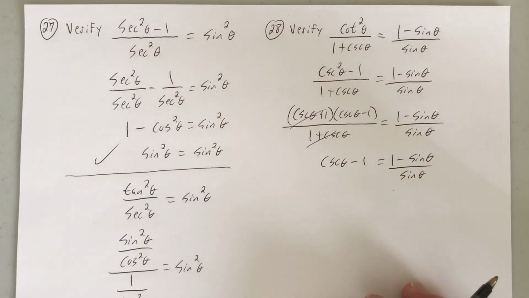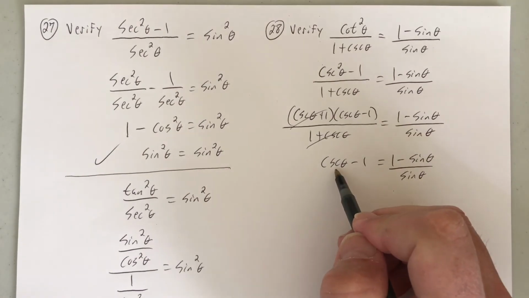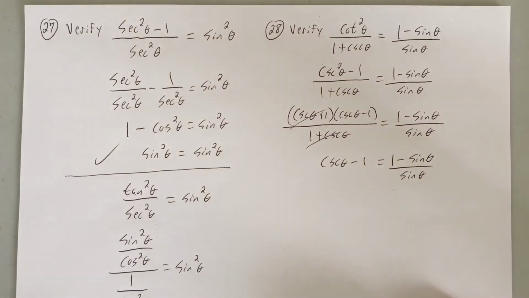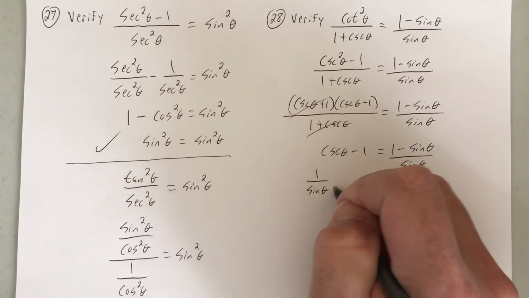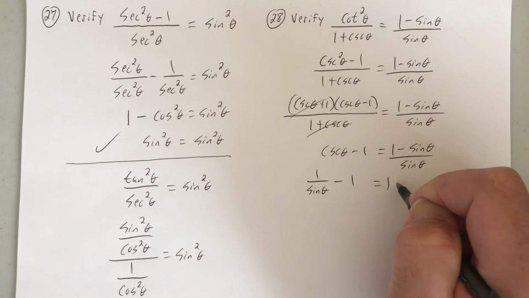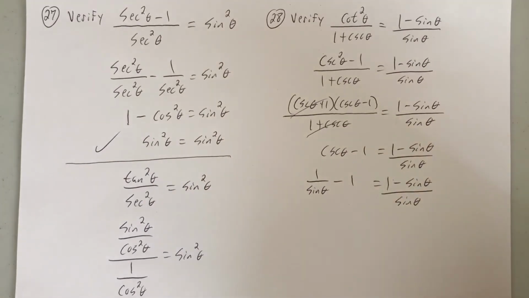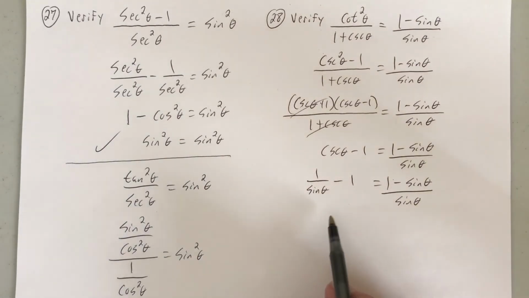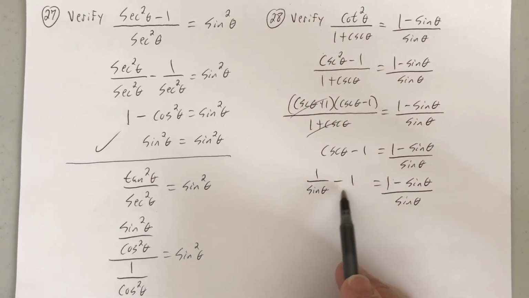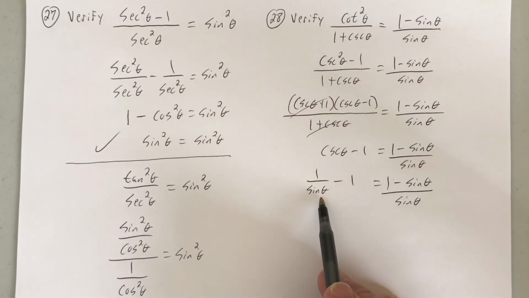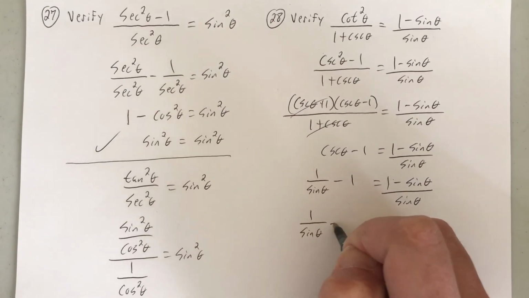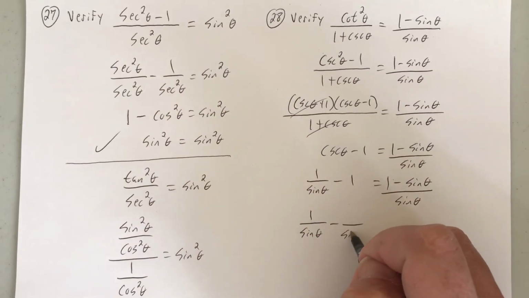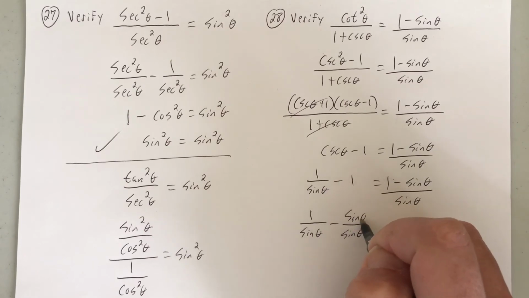So now I was saying, all right, well, how is that going to help me? Well, cosecant theta we know is equal to 1 over sine theta. So if I do that, I got 1 over sine theta minus 1 is equal to 1 minus sine theta over sine theta. So it looks like we're getting close. Anyway, we can go ahead and subtract these, get a common denominator, which would be sine theta. So then this would be 1 over sine theta minus, got to multiply top and bottom by sine theta.